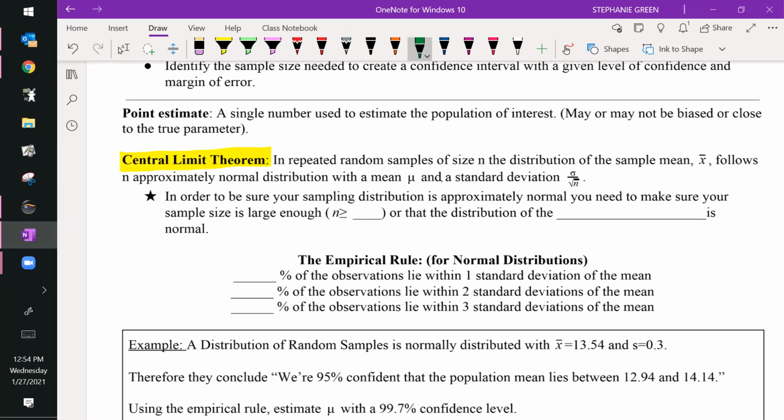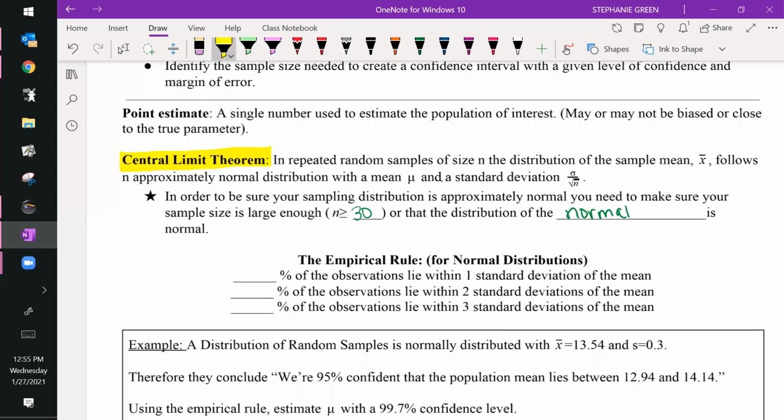And if all of that checks out, then we can say it looks like it's normal. This is the faster, easier way. We can say if the samples are at least 30 or bigger, fairly large, then we can say the sampling distribution is normal. Or if we have information that tells us the population itself was normally distributed, then the sampling distribution is going to be normal as well.